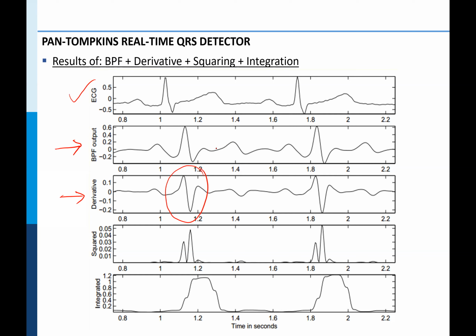To enhance this further, we can do a squaring operation. When we do the squaring operation, as shown in this panel, we can see that it's really starting to highlight the QRS complex. After this, we pass through the moving average operation, or moving integration, which is what the original authors called it, because averaging is equivalent to an integration operation.